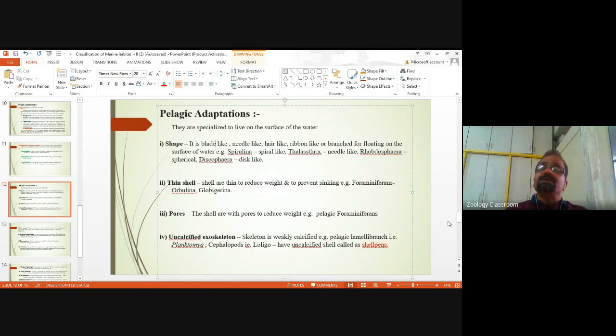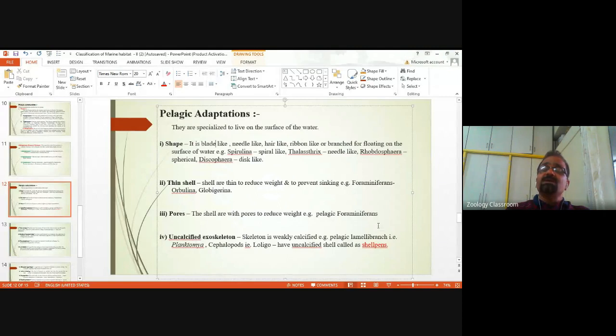As I've mentioned, radiolarians and foraminiferans, shell-bearing protozoans, contribute in this category. Shells are with pores to reduce the weight.